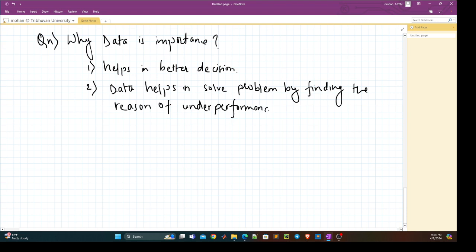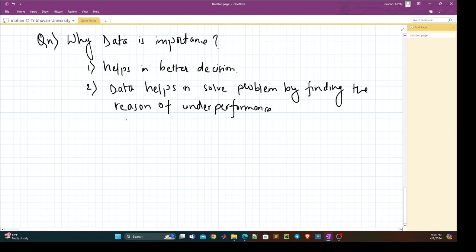So why the product is not meeting its deadlines, or why the product cannot grasp the market, and why it is not working among the targeted group. All these data are collected, and these data will help to provide better insight.